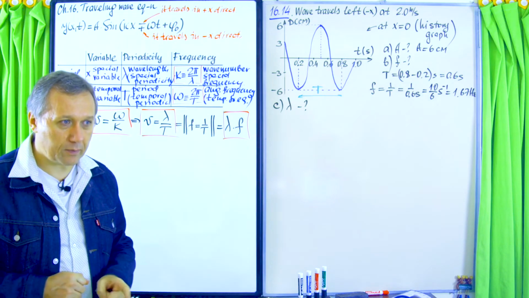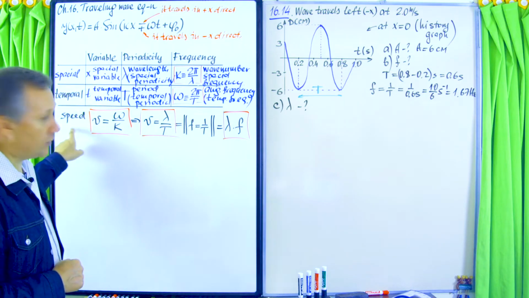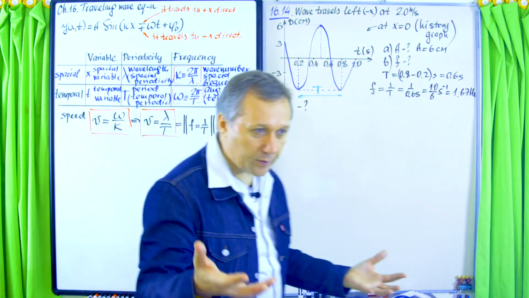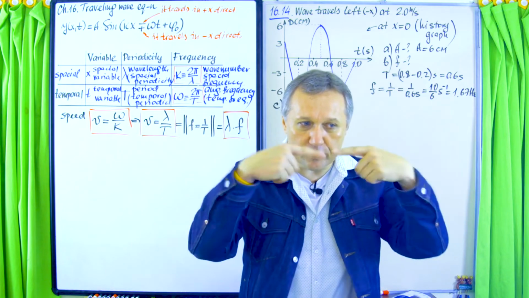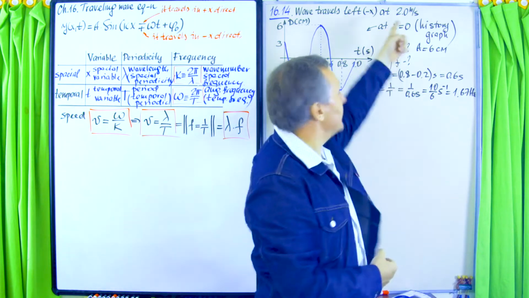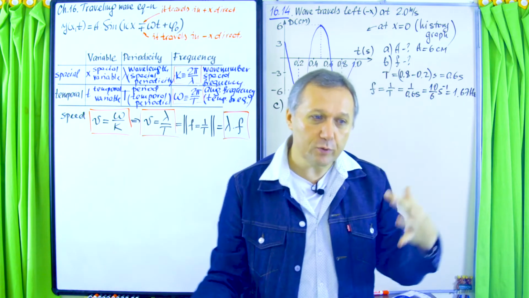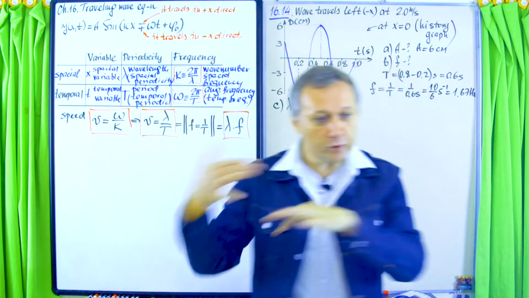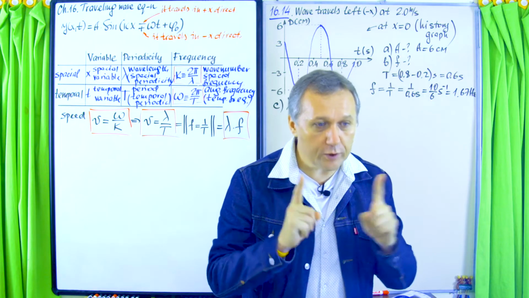But we need to remember that in order to find speed, you need to mix quantities from the spatial world and the temporal world. So speed works as a bridge between these two worlds. And since speed is given, the bridge is given. So using that bridge, we should be able to move from this world of temporal quantities to the world of spatial quantities, but only through the speed.